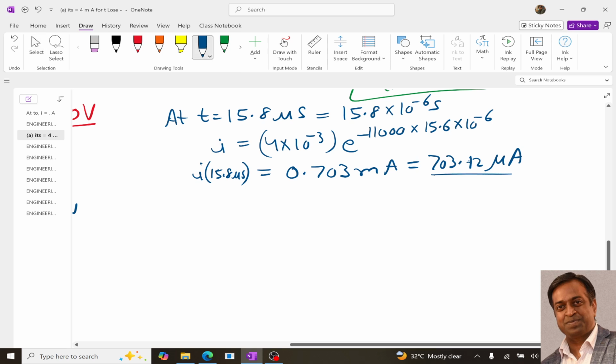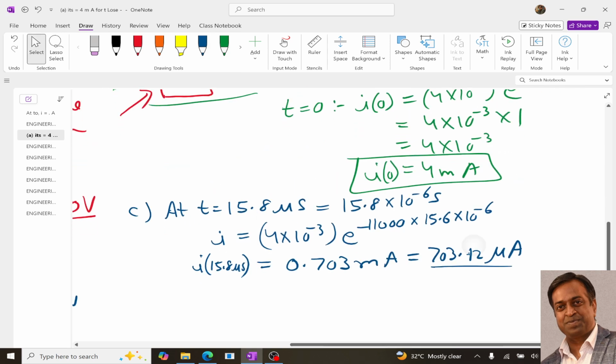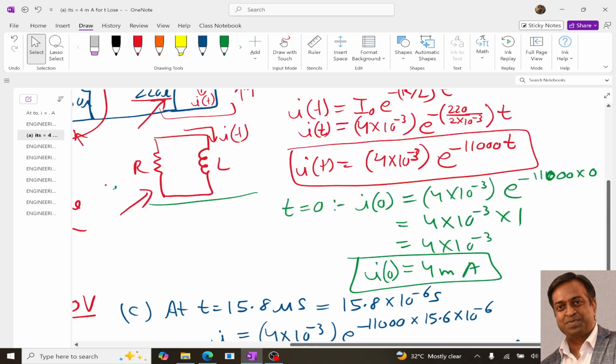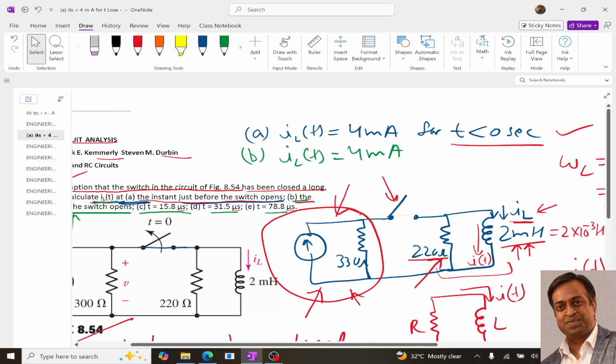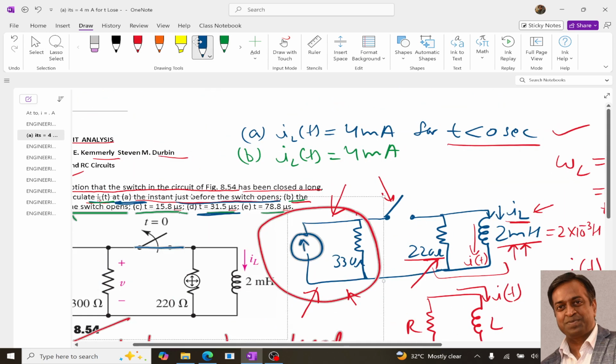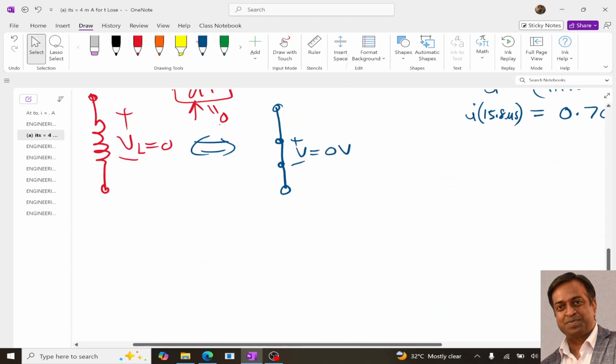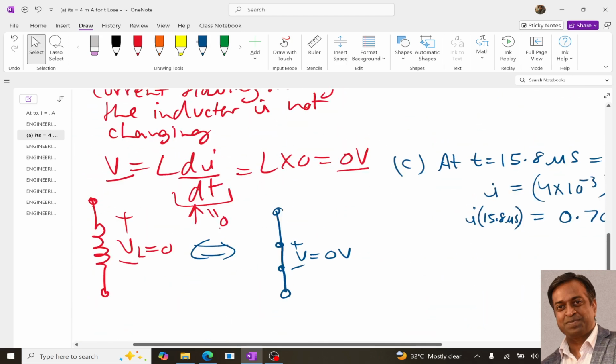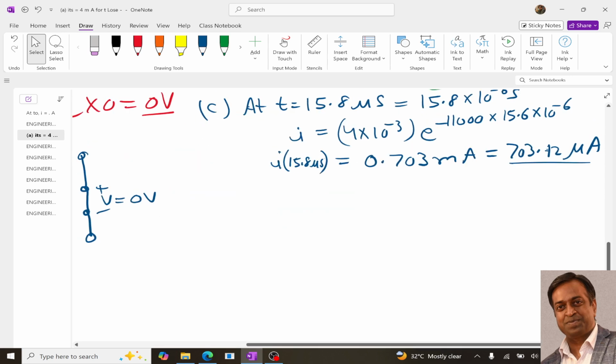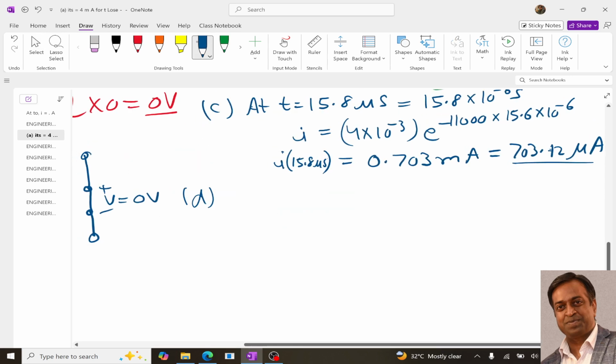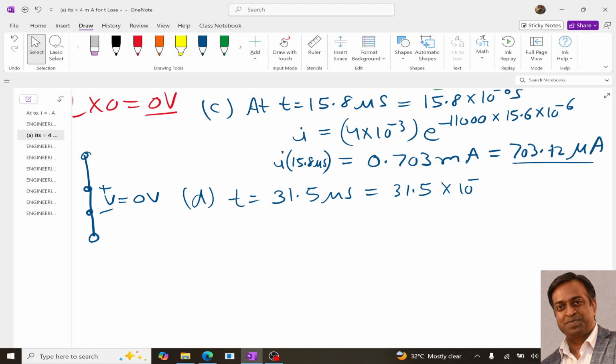Now this is the answer to the C part. The D part says again we need to determine the current at 31.5 microseconds, so again doing the same thing, t equals 31.5 microseconds, meaning 31.5 into 10 power minus 6 seconds.